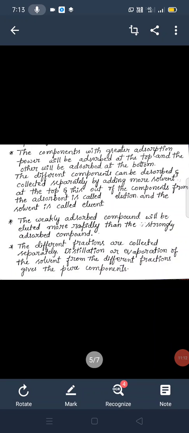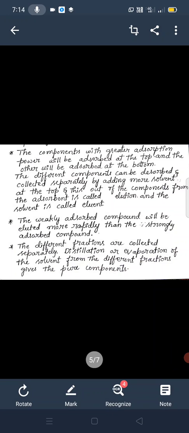During the process of separation of components, the components with greater adsorption power will be adsorbed at the top and the others will be adsorbed at the bottom. The different components can be desorbed and collected separately by adding more solvent at the top, and this washing out of the component from the adsorbent is called elution and the solvent is called eluent.